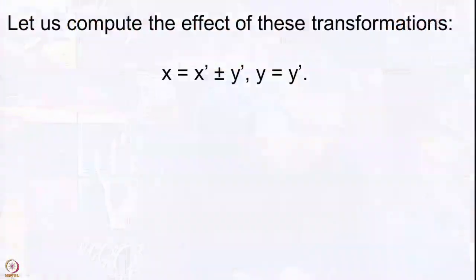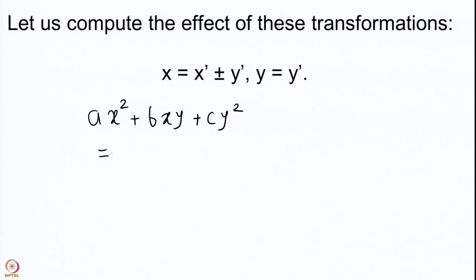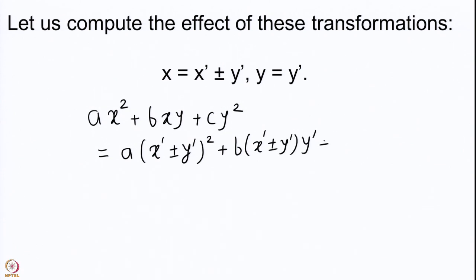So, we will study first the effect of a transvection, and if your form was earlier a x squared plus b xy plus c y square, this will now become a (x prime plus or minus y prime) whole square plus b (x prime plus or minus y prime) into y prime plus c y prime square.